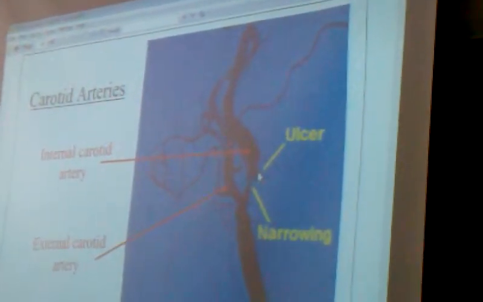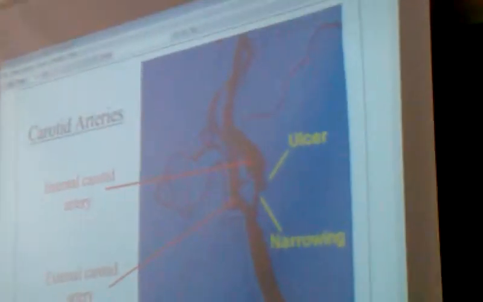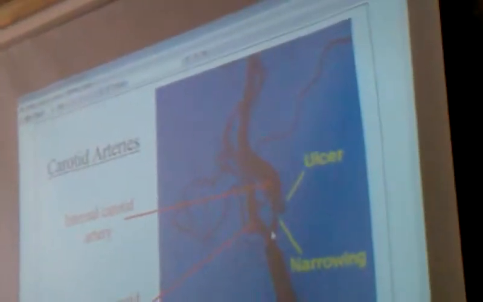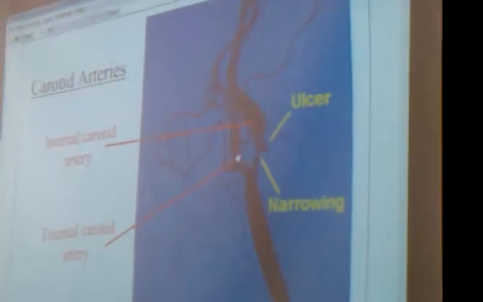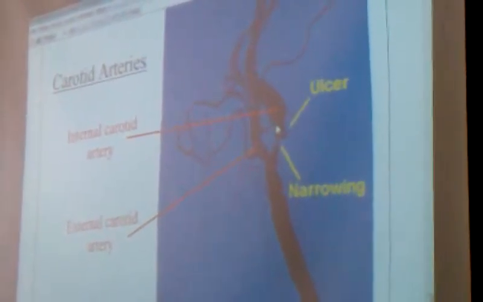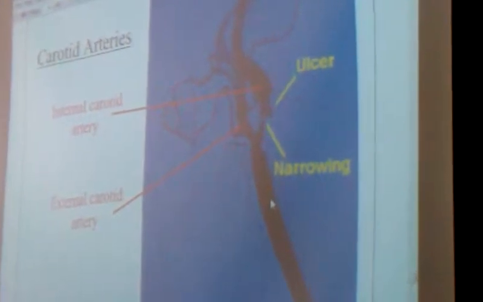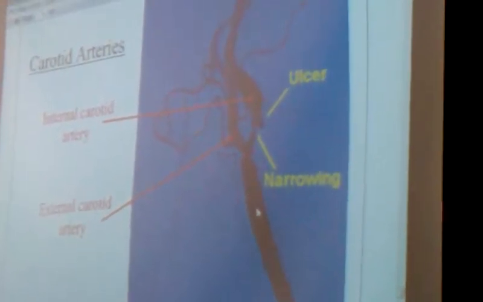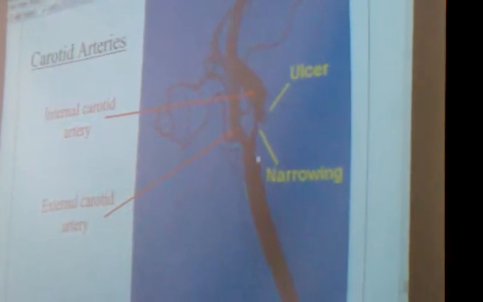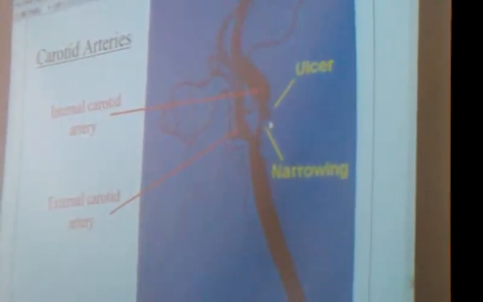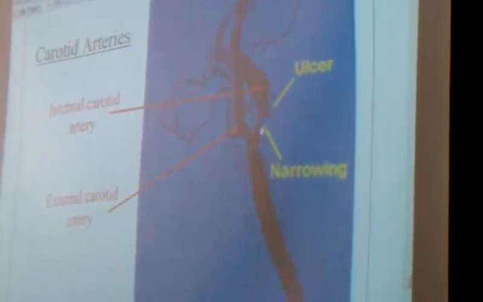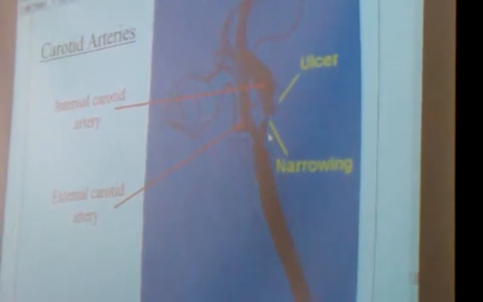atherosclerotic and arteriosclerotic disease. Remember, we had our common carotid artery. Here it is branching or bifurcating into an external and internal carotid artery. And we can see, because we put a dye into this vessel, how blood is flowing through it. And we can see a narrowing of the vessel space right here. And that's due to a large plaque.